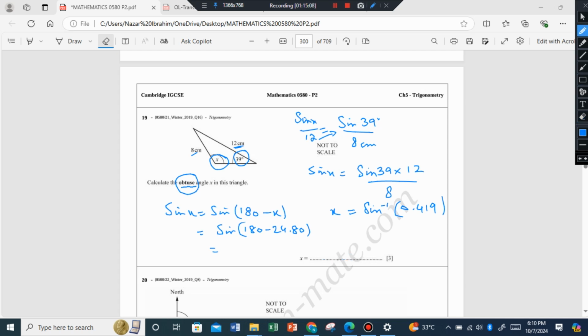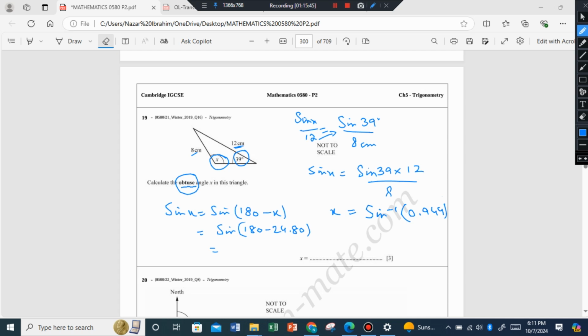After subtracting 24.80 from 180, I'm getting... I think there's a mistake. There's a mistake over here. That is, when we simplified this, the answer was coming out to be sine inverse 0.944, right? That was a mistake.